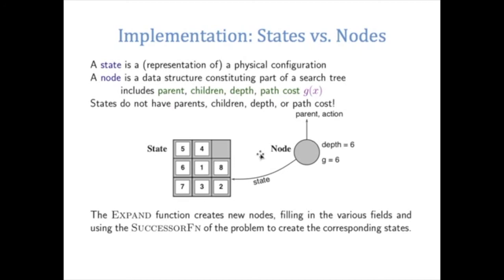So if you're in a particular node and we apply an expand function, it creates new nodes, fills in these various fields, and uses the successor function of the problem to create the corresponding states. In other words, each new node we create represents some successor state.